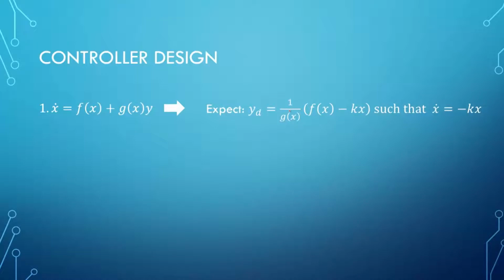So first look at system 1. We consider Y as a virtual control, not a true control. Okay. So we design a desired trajectory for y to track. Okay.